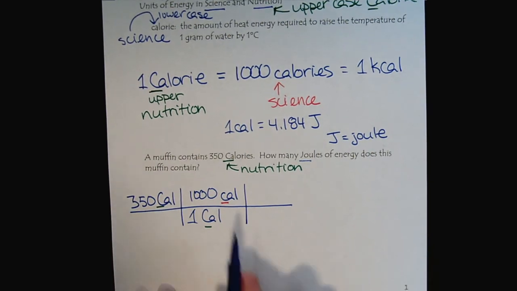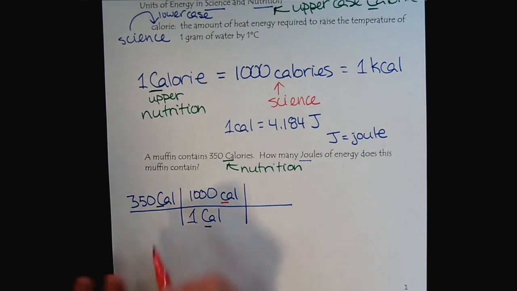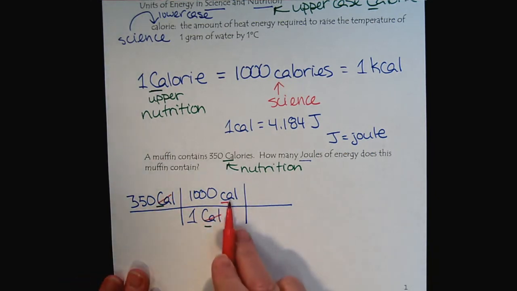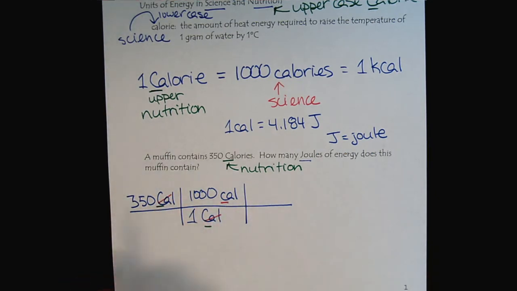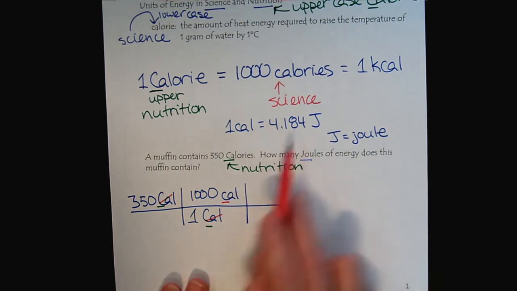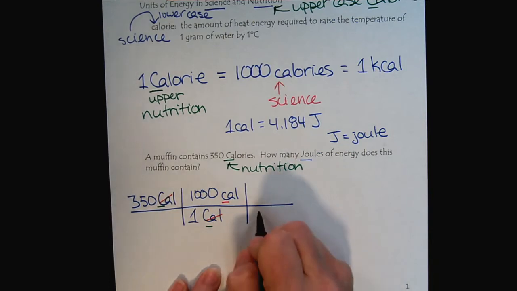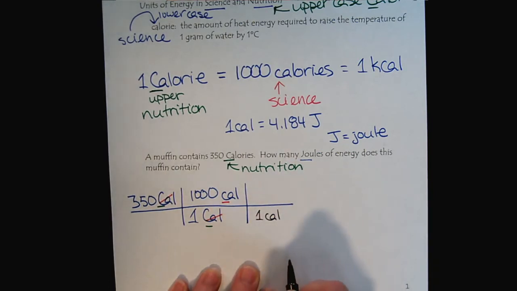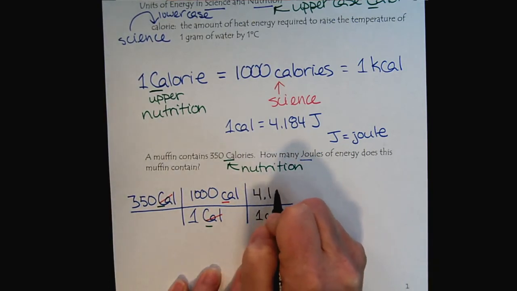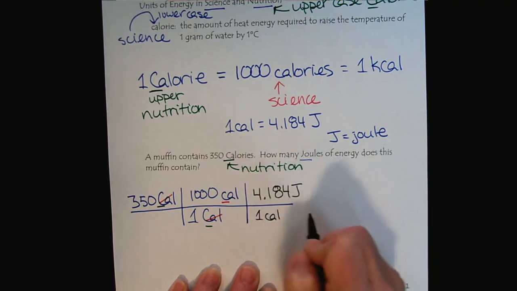All right, so now we have converted out of nutrition calories and into science calories. And so we can bring in now our calorie to joule conversion, that for every science calorie, that would correspond to 4.184 joule units.